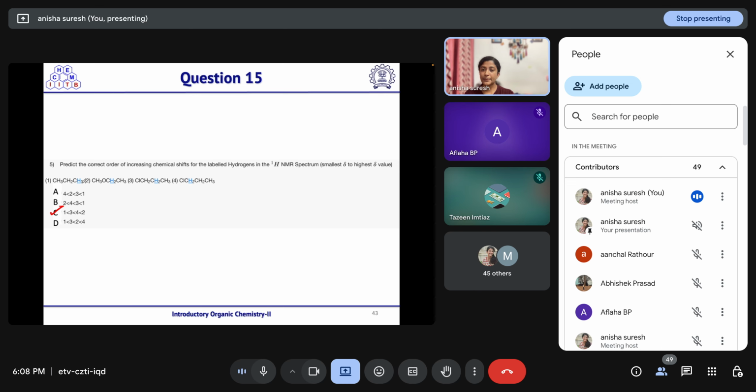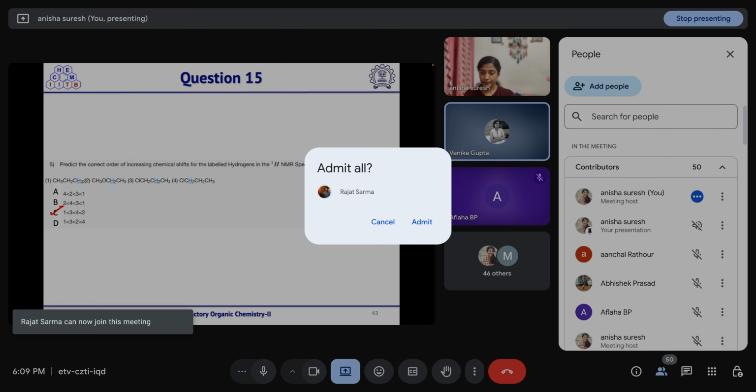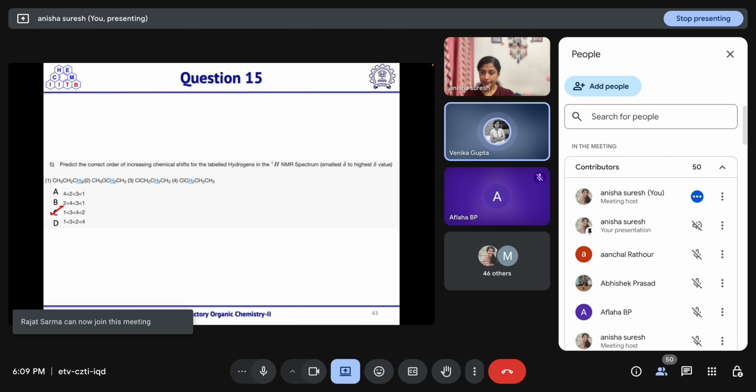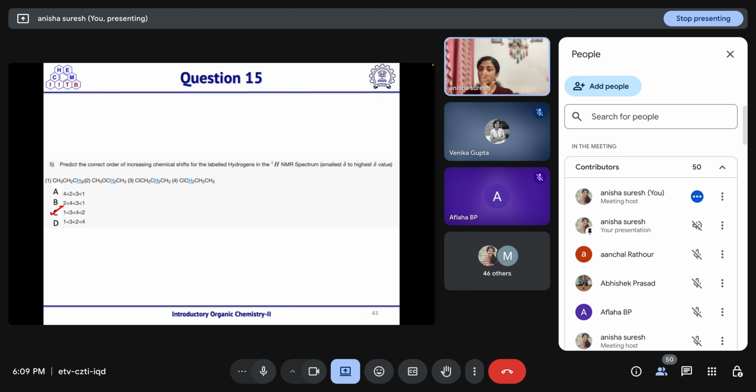At positions 2 and 4, there are electron donating groups like O and Cl. They will donate, so electron density will increase, so it will be more shielded. No, if it is more shielded, then it will come at a lower chemical shift value, right? Yes. So here we should be considering the electronegativity factor.